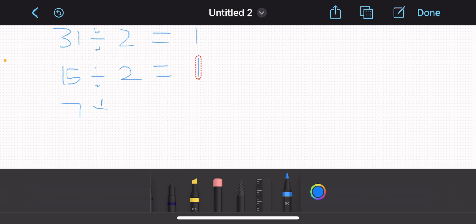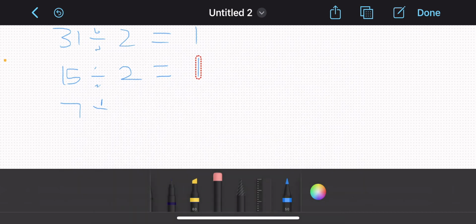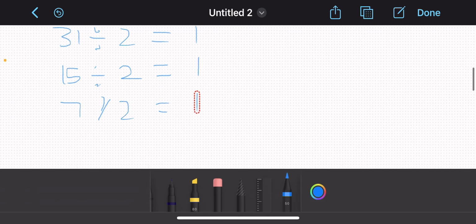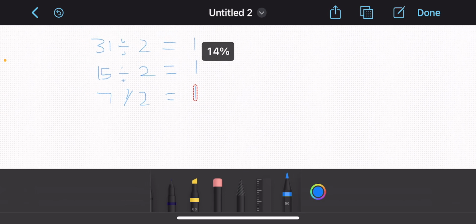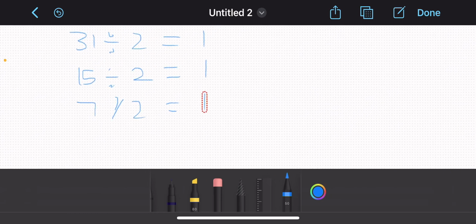7 divided by 2. There's a remainder of 1. What's 7 divided by 2? Equals 3.5, but we're not going to take 3.5.